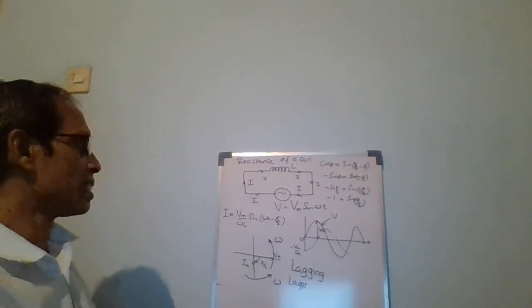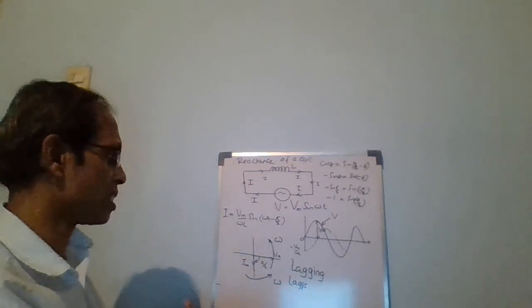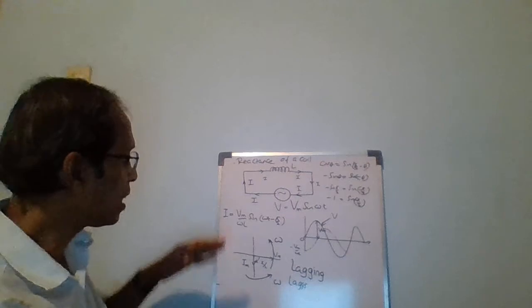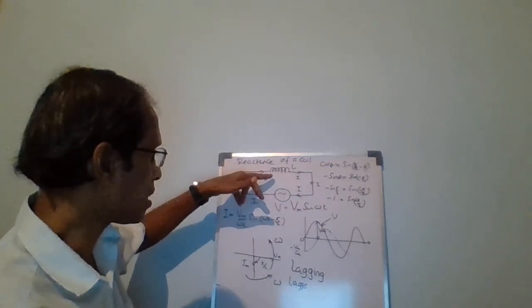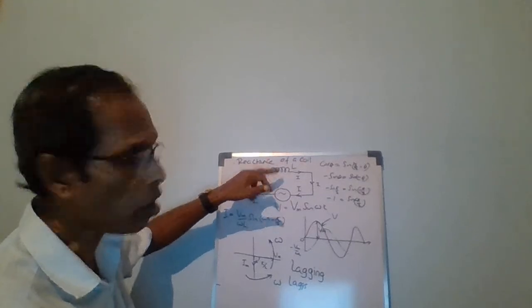Now we can say that voltage and current are not in one phase when the load is an inductor, coil, or capacitor.